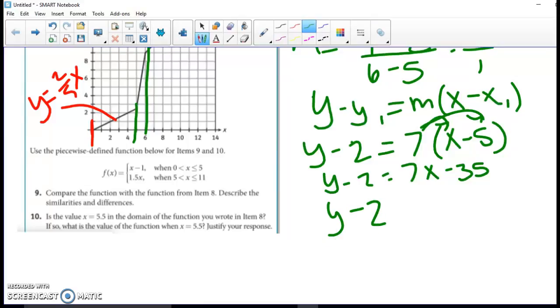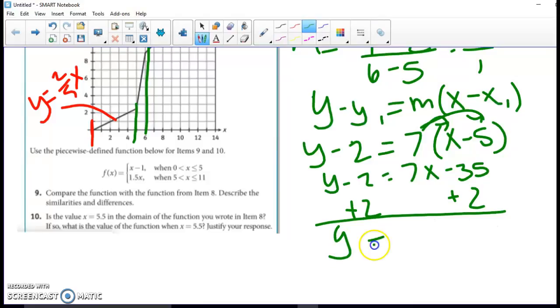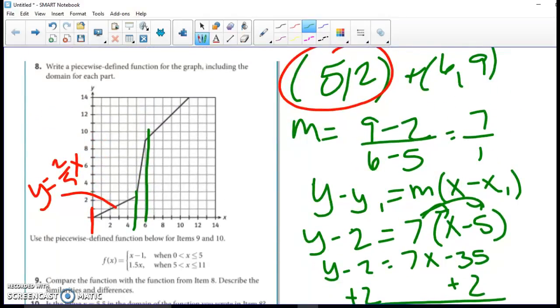So we can move that 2 over, so we'll add that to both sides. So y equals 7x minus 33. So that middle section of our graph has an equation of 7x minus 33.